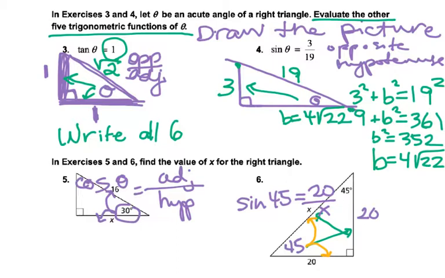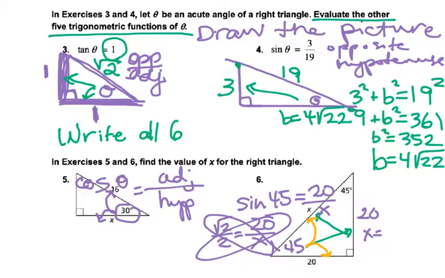Again, from our chart, we know that sine 45 is equal to root 2 over 2. So root 2 over 2 equals 20 over x. I'd just cross multiply here, and I get 40 equals root 2 x.